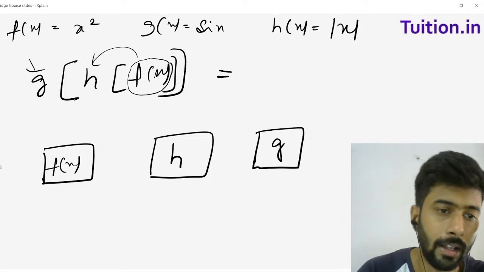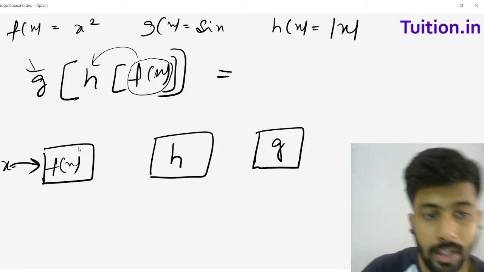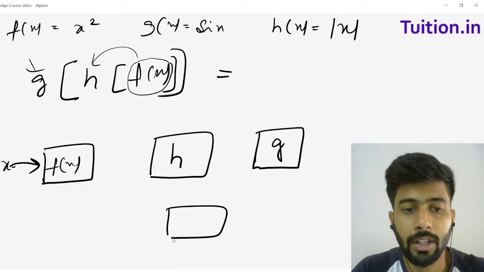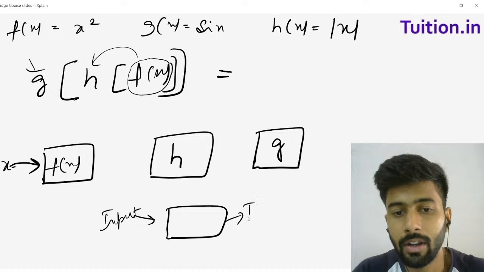So first you are giving x as input. That is where you start the whole story. f of x is a simple fellow. He knows one thing: whatever input comes to me, I should give the square of that input.